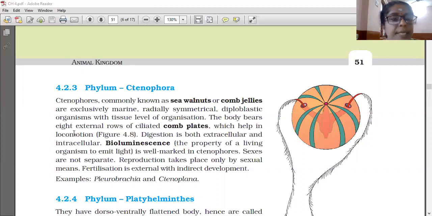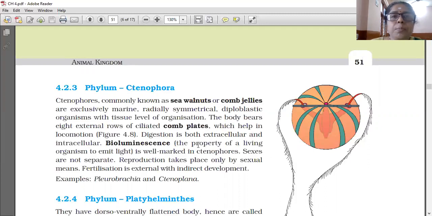The body bears 8 external rows, the blue color seen here, of ciliated comb plates, which help in locomotion only. By using these comb plates, it moves from one place to another. Locomotion means the locality should change. Because of these comb plates, these organisms are called comb jellies.